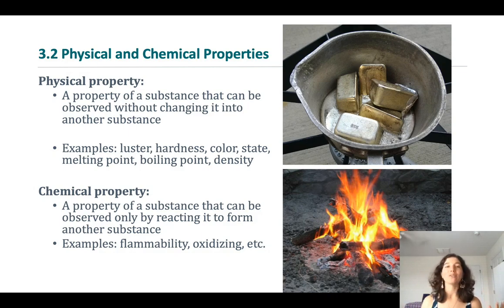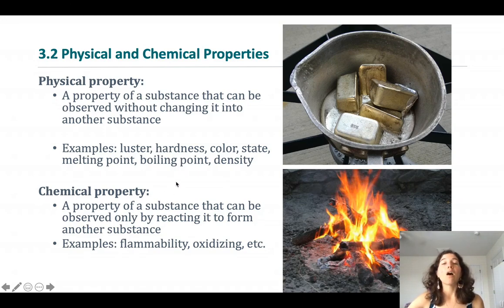Again, these things don't change no matter how much you have of the substance, and they aren't changing it into another substance. It's still gold no matter whether you've melted it or it's a solid. Same with water. Think about water. H2O. It's still H2O no matter if you freeze it or melt it or boil it. At the end of the day, it's still an H2O molecule. And so that's a physical property.